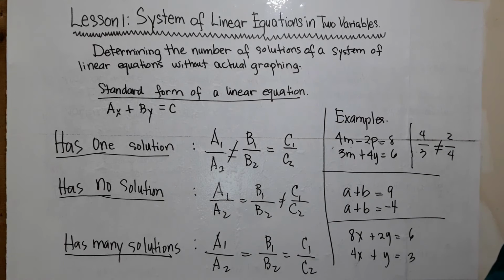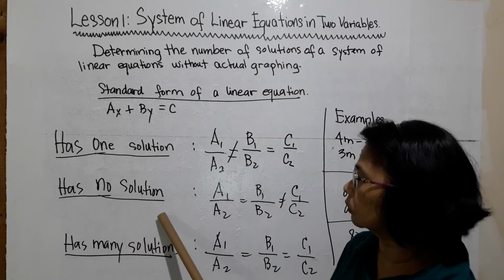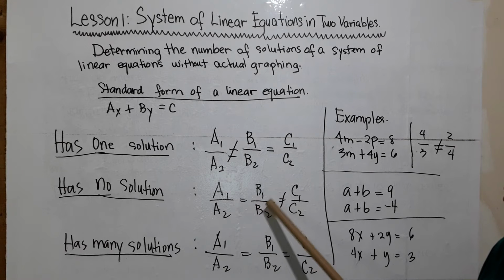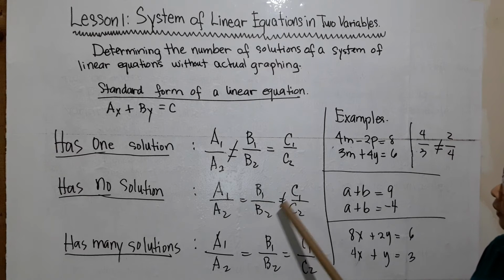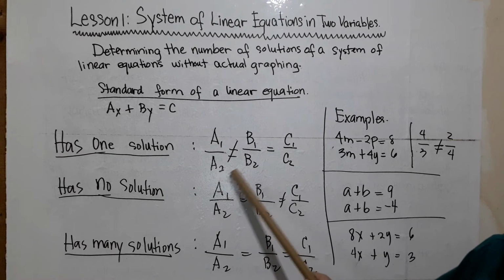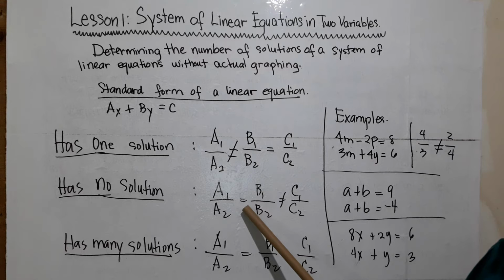Okay, what about a system that has no solution? If the ratio of the second term and the constant are not equal, and the ratio of the first term and the second term are equal.